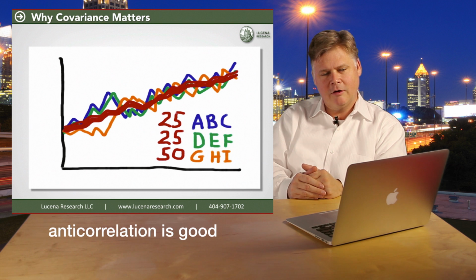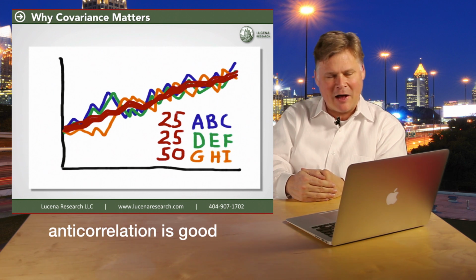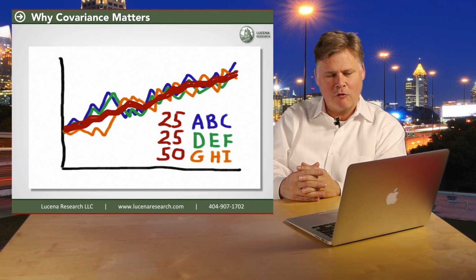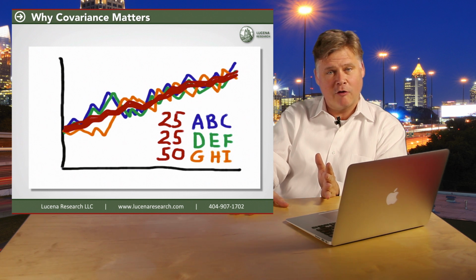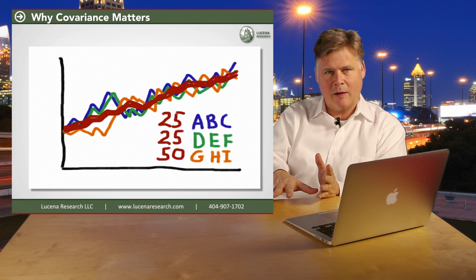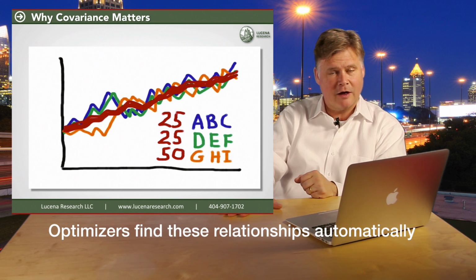And as you can see here, of course I just drew this, but as you can see, when you combine these stocks that are anti-correlated, you get a much smoother performance. And these relationships are the relationships that are discovered automatically by an optimization tool like the one that we use that's part of Quant Desk at Lucena.